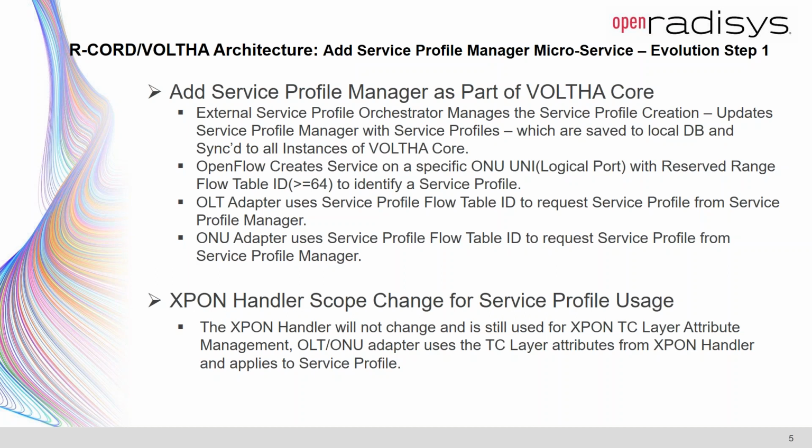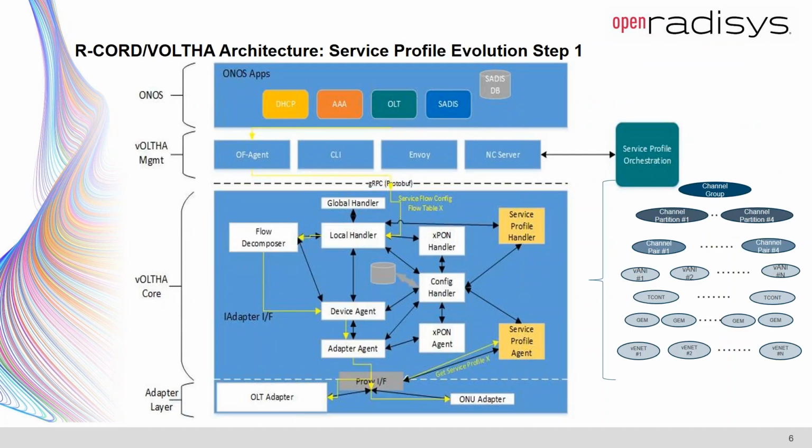The adapters use a service profile ID to go and get the service profile from some kind of service profile manager. Expon doesn't change; it still uses the TC layer attribute management, and the ONU and OLT basically applies the TC layer attributes from Expon to the service profiles that it gets associated with the flow. So that's one option.